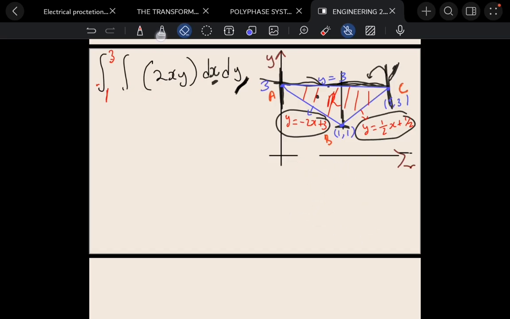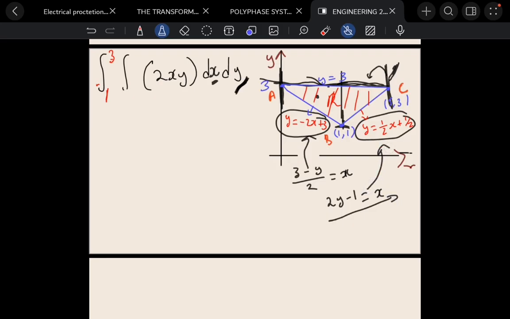So I'm going to have (3 minus y) over 2 is equal to x for this particular equation, and then I'm going to have 2y minus 1 is equal to x for this particular equation.